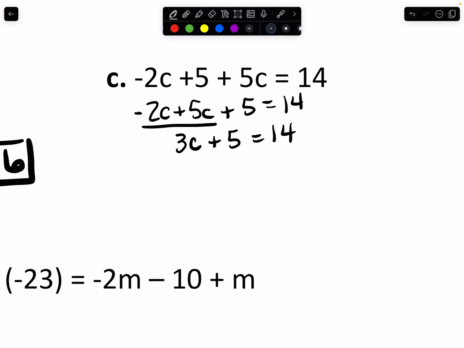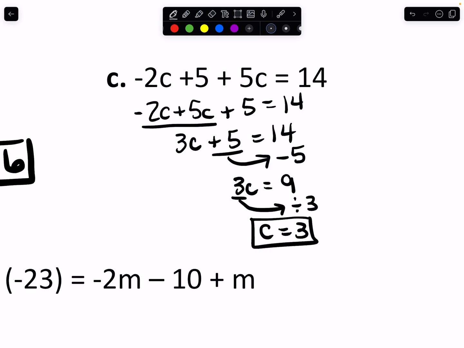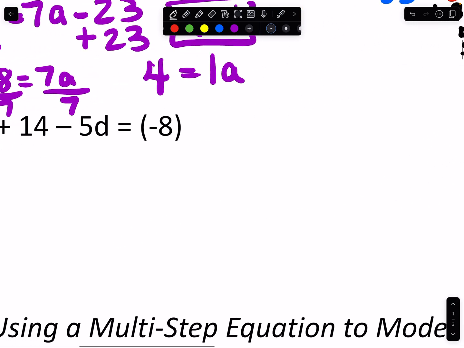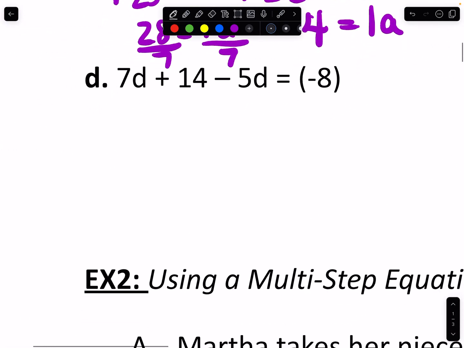Now that I have it all combined, I'm going to use my opposite operation and subtract 5. So I have 3c on this side equals 9. Opposite operation is dividing by 3. So c equals 3. Did you get it right? If you got it right, fabulous. Go ahead and push pause, move to the next problem, and see if you can get that one.